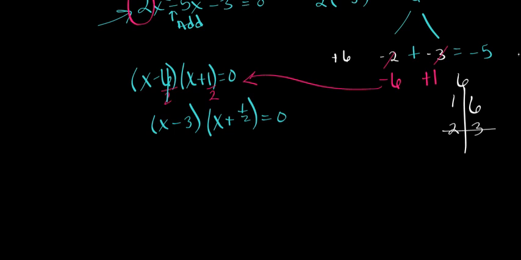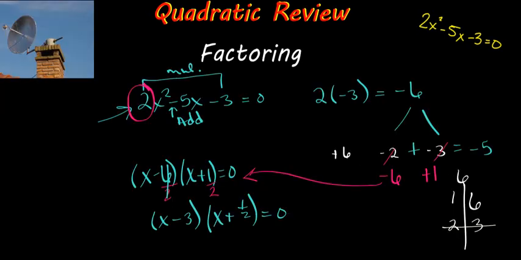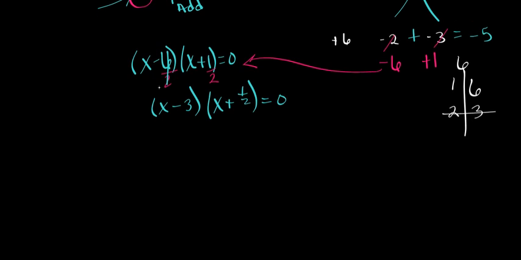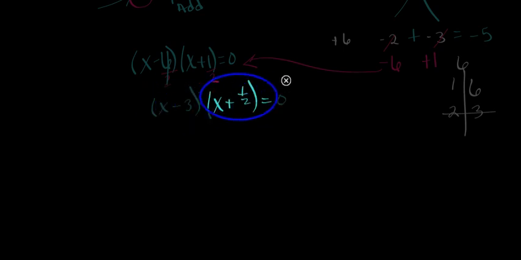Now, if you recall from the last page, my answers were -1/2 and +3. In this page, when we go ahead and use the zero product rule, which means that if I'm looking at any of my given factors, I want one of these parentheses to be 0. So if you're just looking at here, x would need to be +3. If you're looking here, x would need to be -1/2.